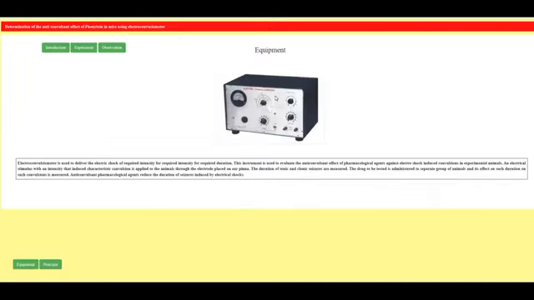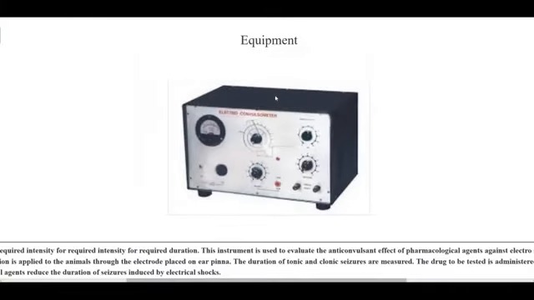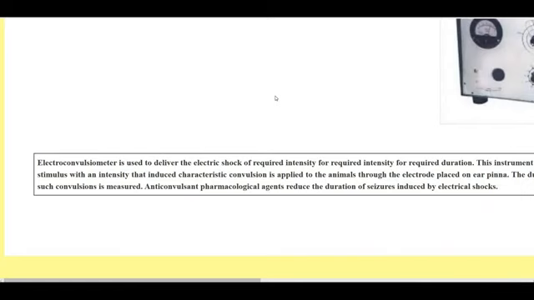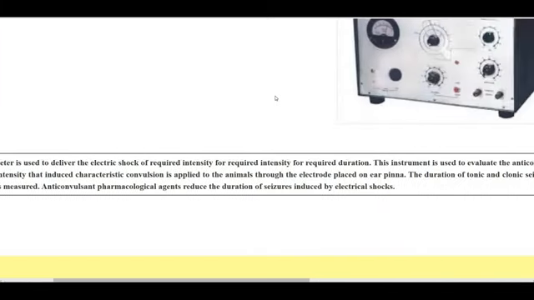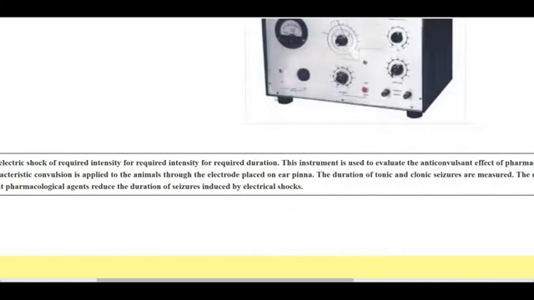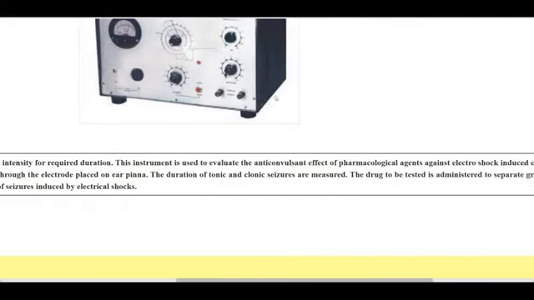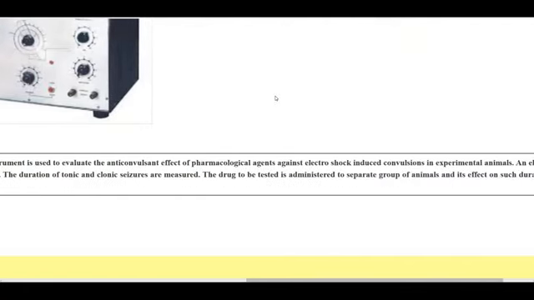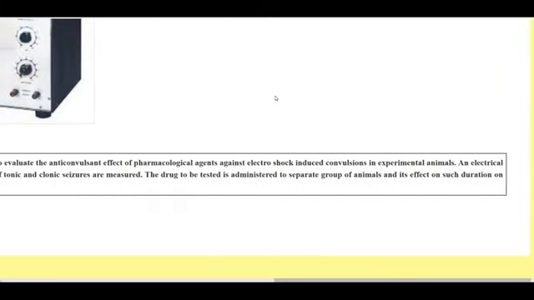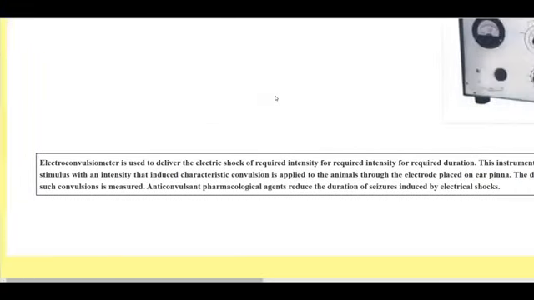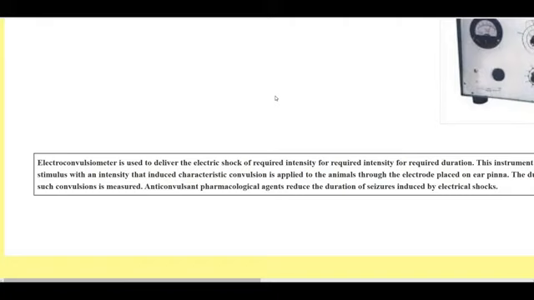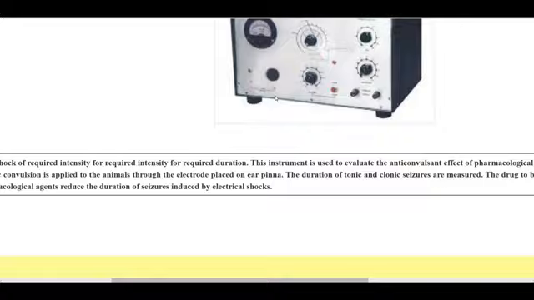At first, this is the device, that is an electroconvulsometer. Below this there is a description that the electroconvulsometer is used to deliver electric shock of required intensity for the required duration. This experiment is used to evaluate the anticonvulsant activity of pharmacological agents against electroshock induced convulsions in experimental animals. An electrical stimulus with an intensity that induces characteristic convulsion is applied to the animals through the electrode placed on the ear pinna.